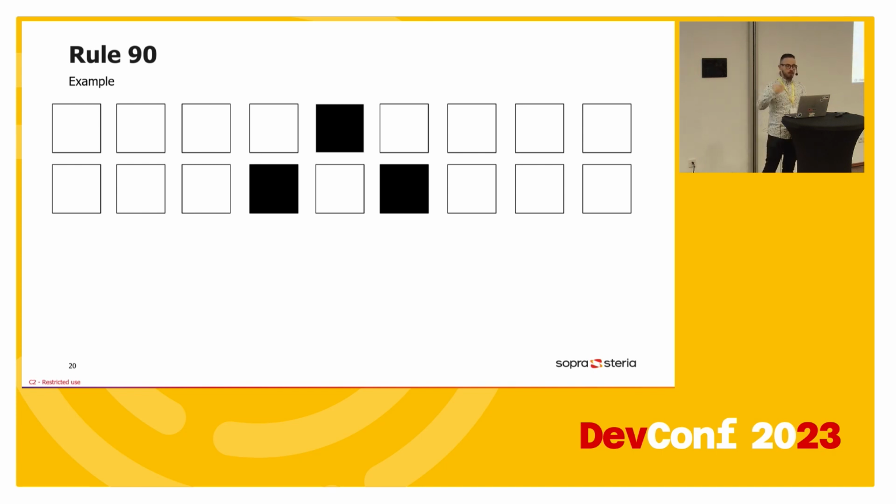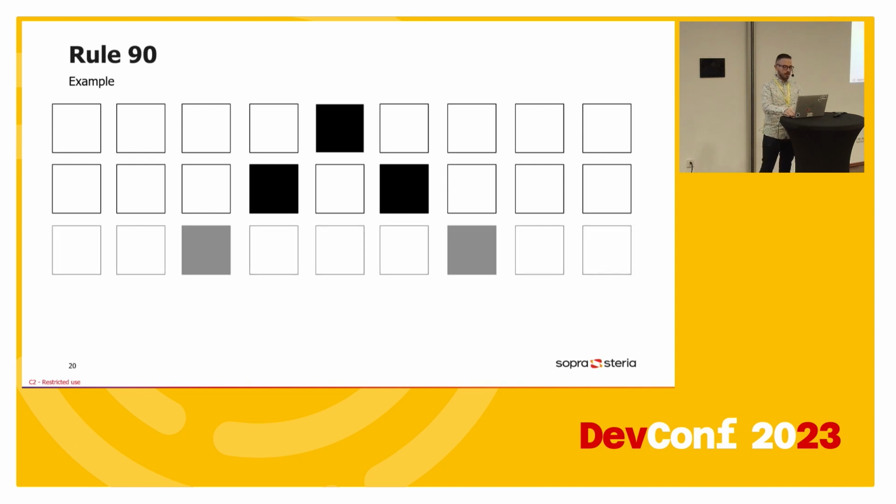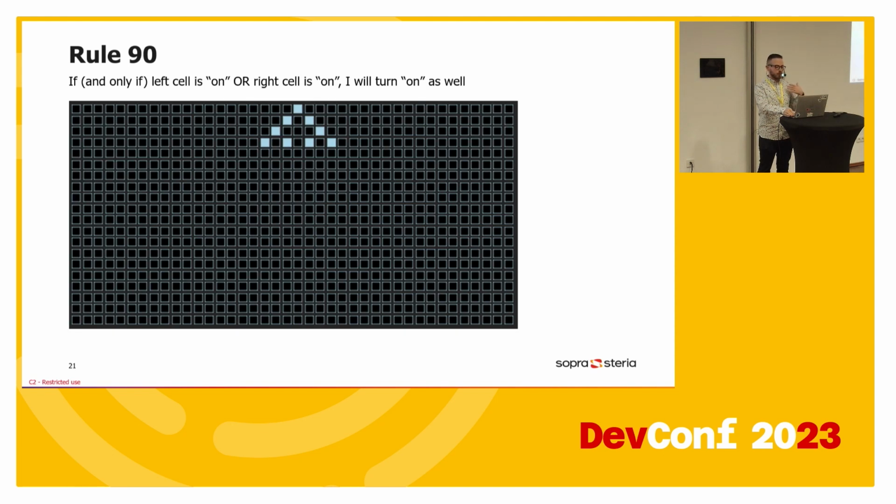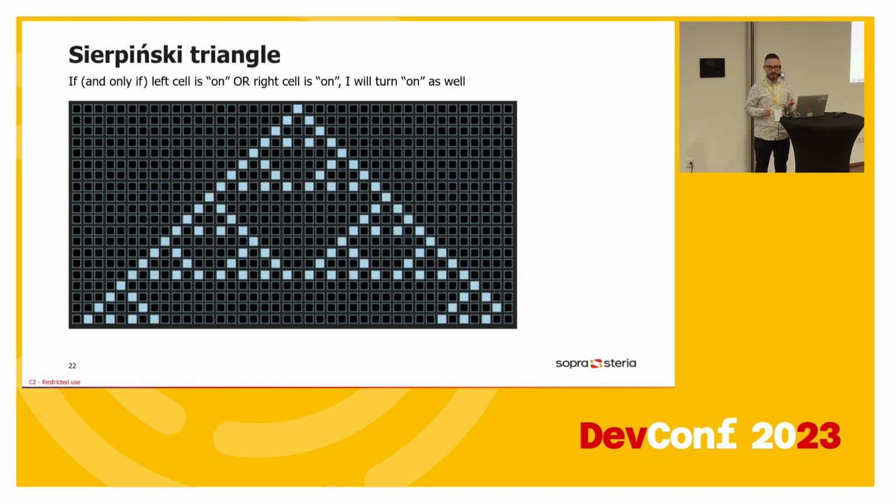And if we continue applying this pattern on every cell in every generation, we'll keep growing the pattern, and if we zoom out and keep adding next generations of our one-dimensional Cellular Automata, we will receive this pattern. And this is why it's very interesting, because you can see that this is quite a distinctive pattern, which is repetitive, and no matter how many times you repeat it, you will receive exactly the same pattern, just zoomed out.